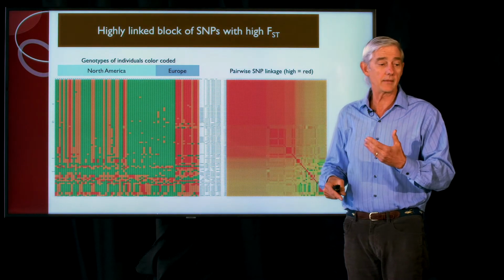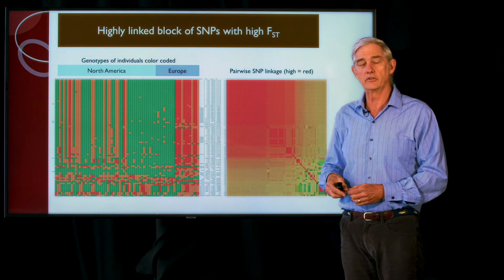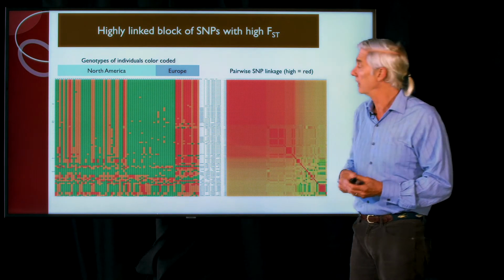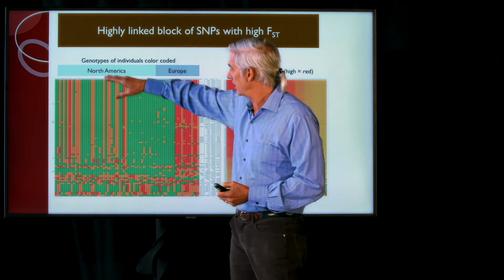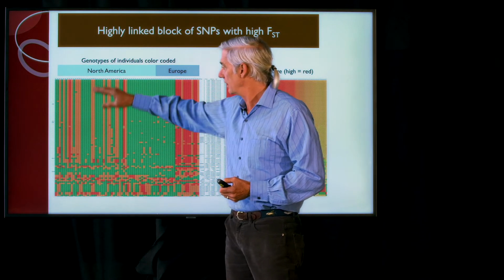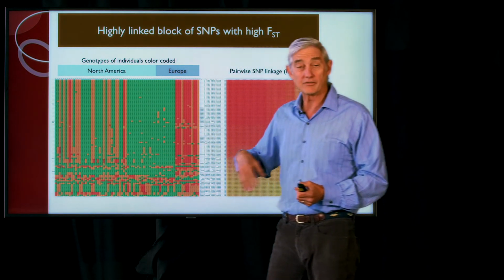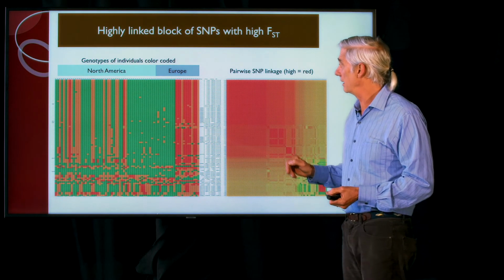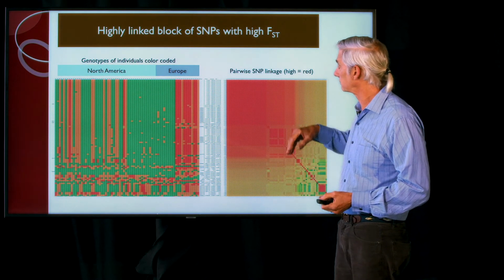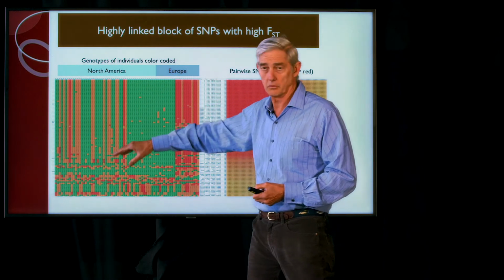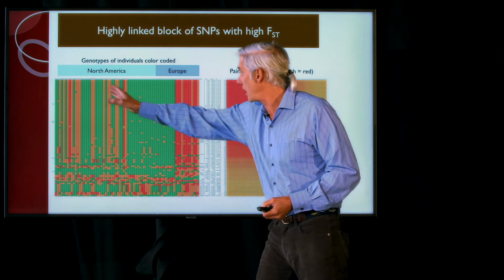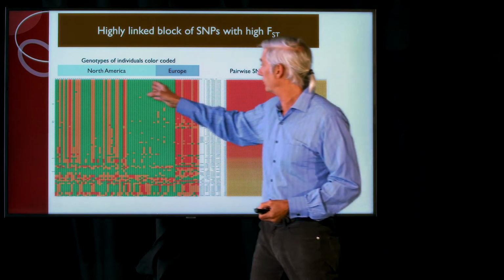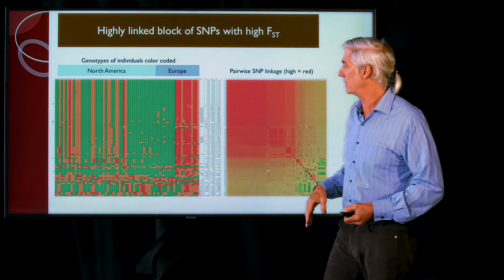Well, when we look at that high linkage, we can see it in a number of different ways. So here on this graph, row after row are different genes. The columns are different individuals. These are North American individuals. These are European individuals.